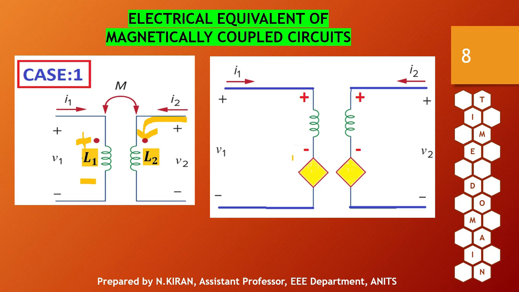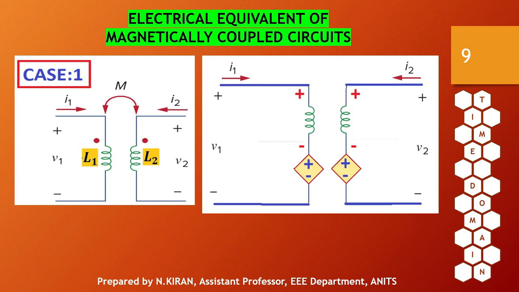So in this dependent source, I'll get positive here and negative here. So at both the dependent sources, I'll get positive at the top end of the dependent source and negative at the bottom end. So this is what I will get after I apply the dot rule.